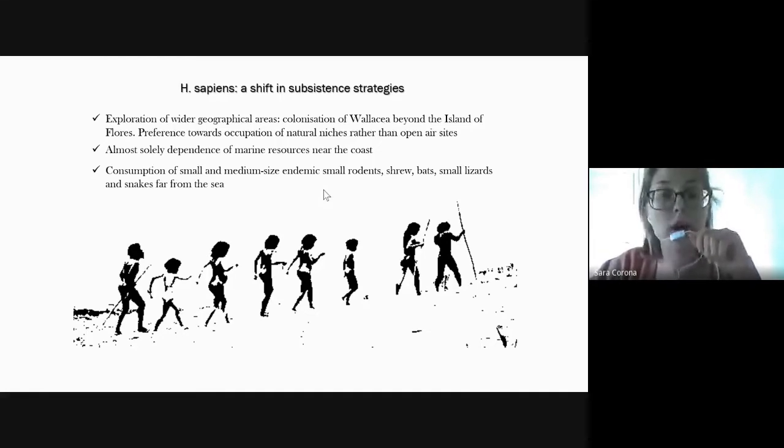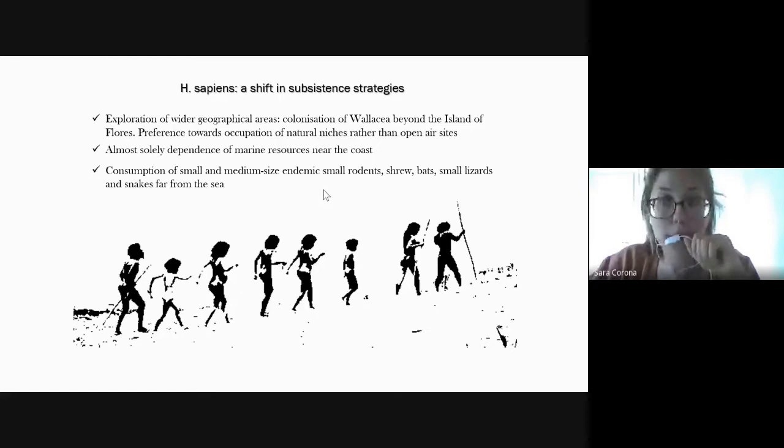Anatomically modern humans in the occupational sites that are near the sea show an almost sole dependence on marine resources near the coast. And the consumption of small, medium-sized, endemic small rodents, shrews, bats, etc., can be seen just in the sites that are far away from the coast.